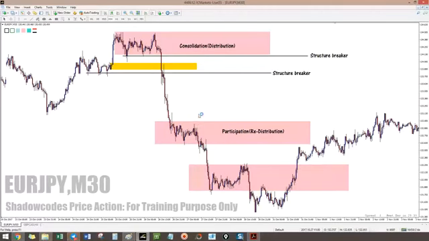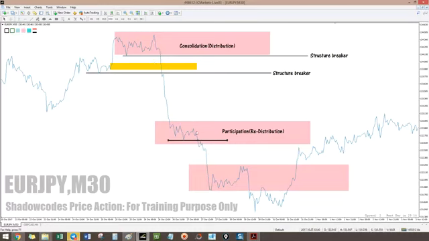How can you take this trade? You look, this sideway has already been broken. The sideway starts here, and then it broke the sideway. So you can try to find your entry on SBR over here, support become resistance.